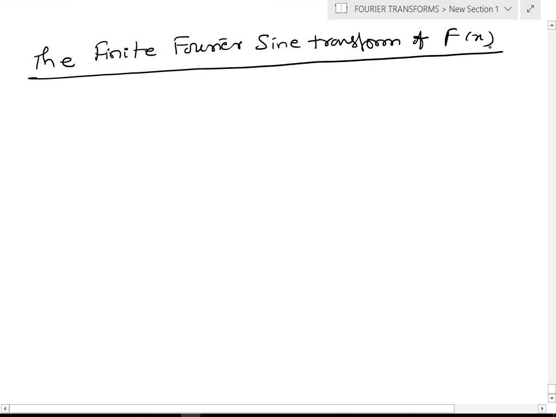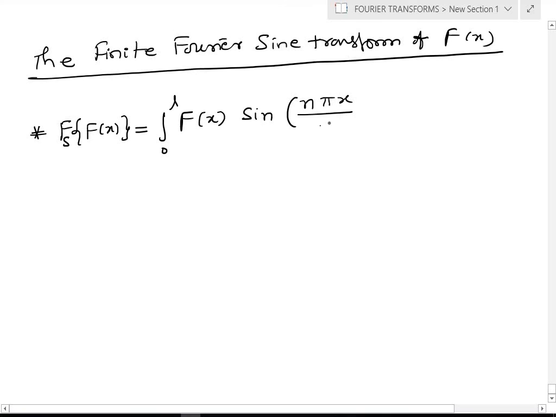Let's say there is a function f of x, and I want the sine transformation of it. This will be equal to the integral from 0 to L of f of x sine of, for example, n pi x by L, with integration with respect to x.